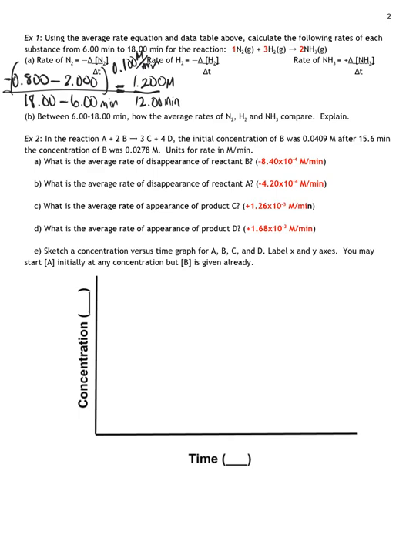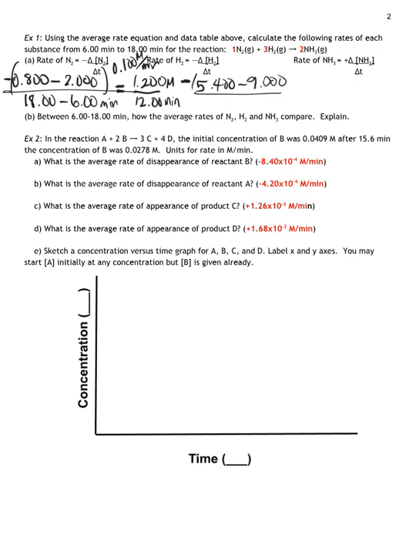And I'm going to do the same thing with hydrogen. Take the difference in the concentration of hydrogen between the two time points. The concentration of hydrogen at 18 is 5.4. Once again, I'm going to take the negative of 5.4 minus the concentration of hydrogen at 6 minutes, which is 9.000.